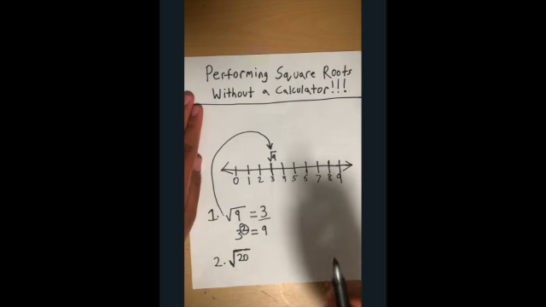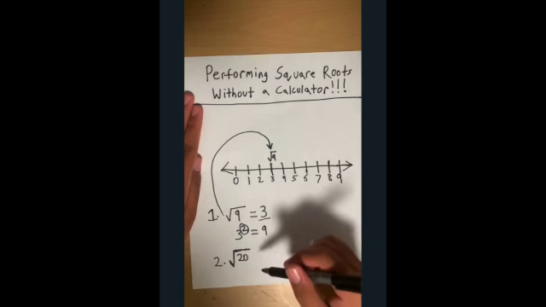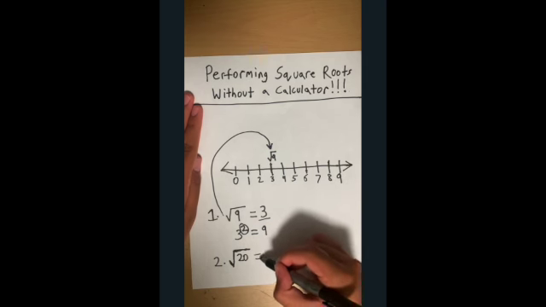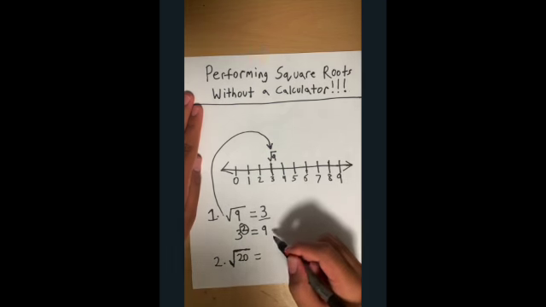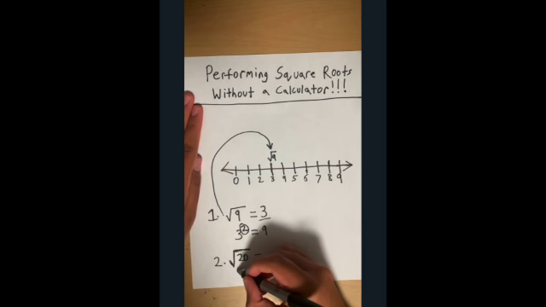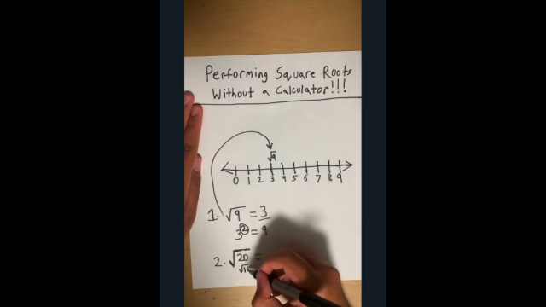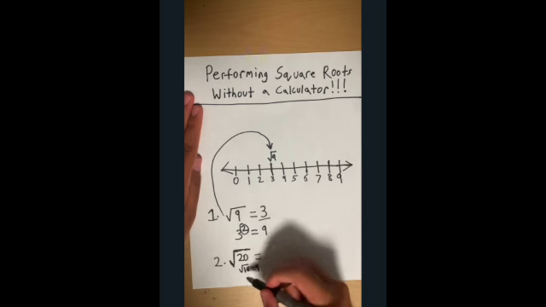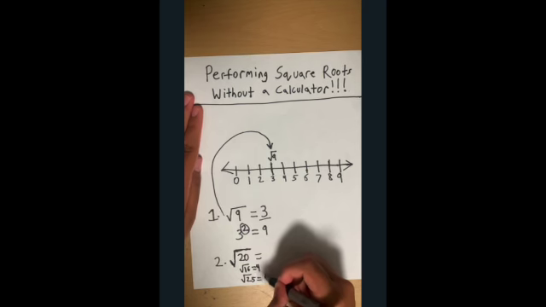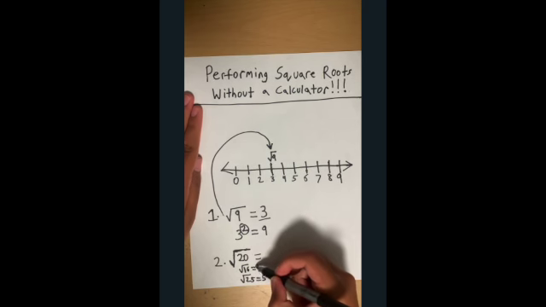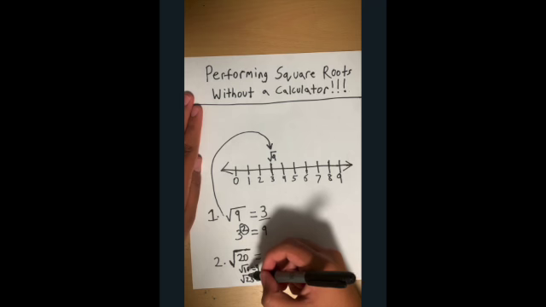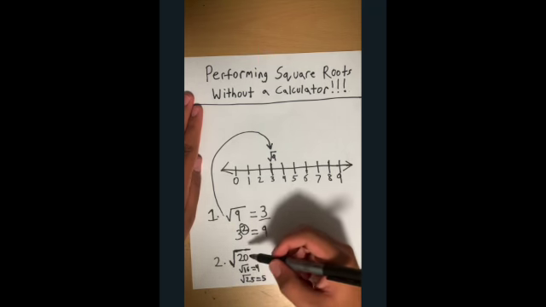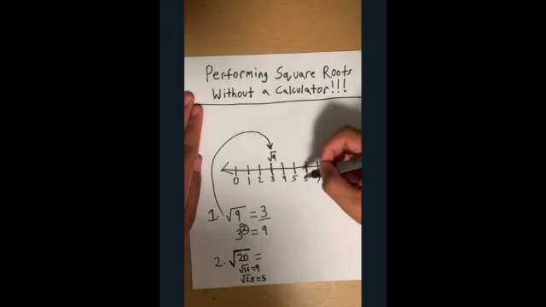One example I know is the square root of 16, which is equal to 4, and the square root of 25, which is equal to 5. Since 20 is in between the square root of 16 and the square root of 25, I know the square root of 20 is going to be in between 4 and 5.